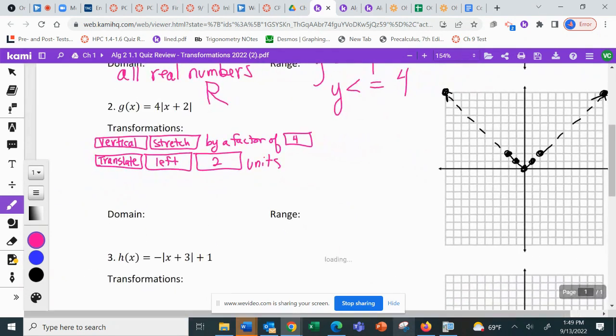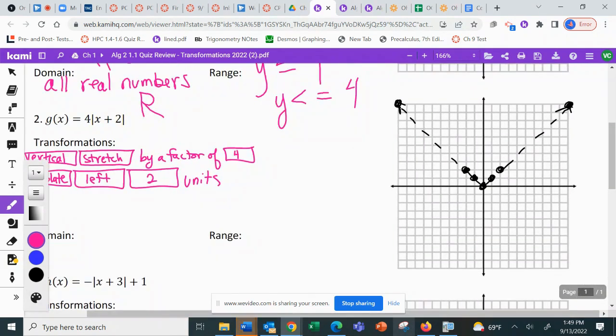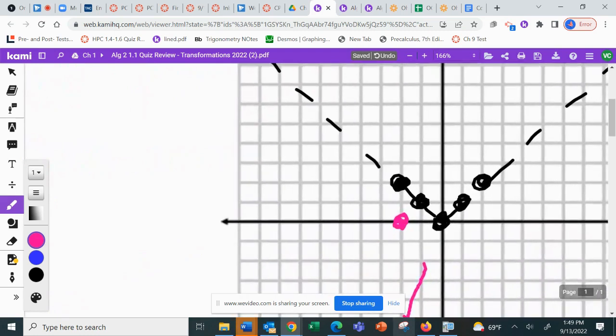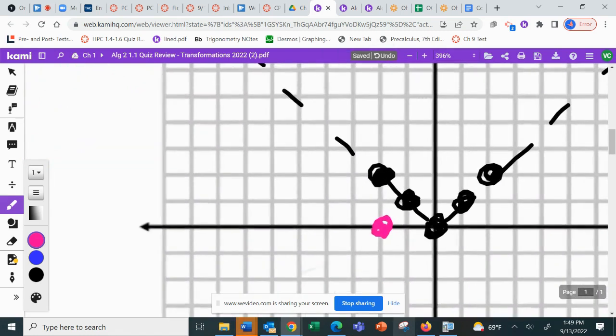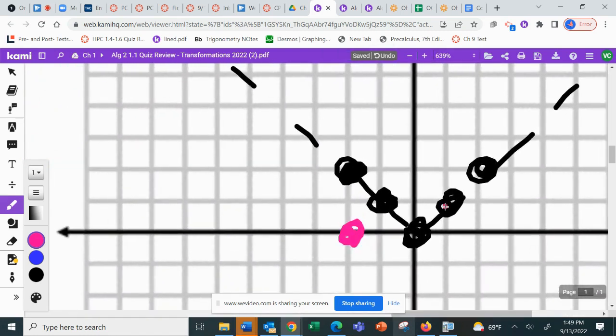All right. So now I'm going to move it. Since the translate is just left 2, I'm going to take my vertex and move it left 2. Then we have a vertical stretch by a factor of 4. So vertically, the parent function has up and down a distance of how much?